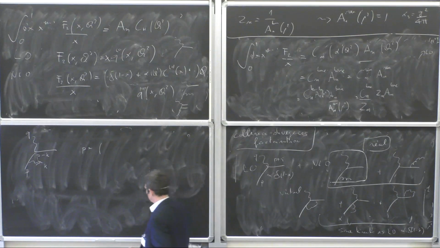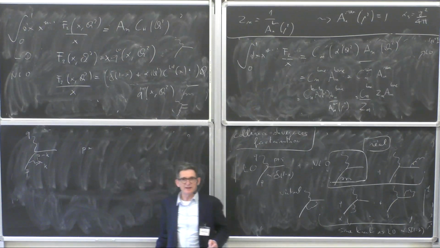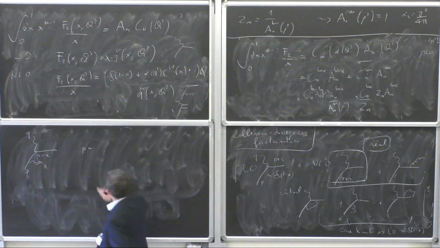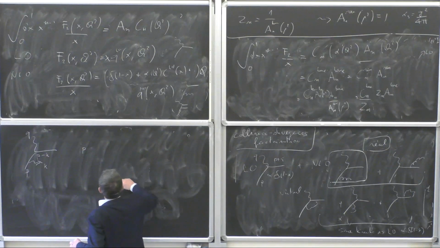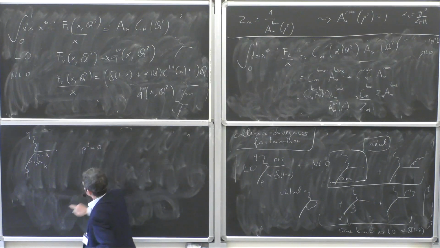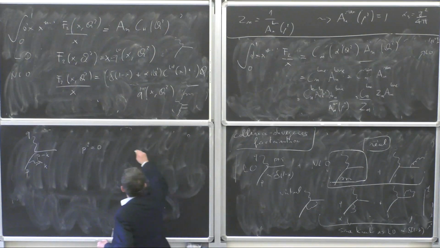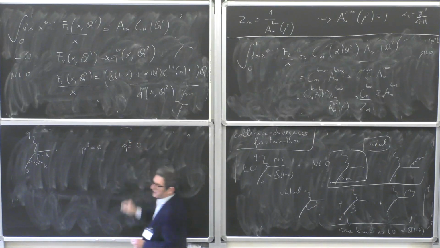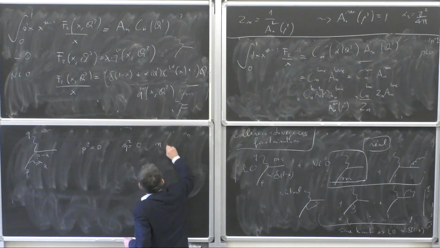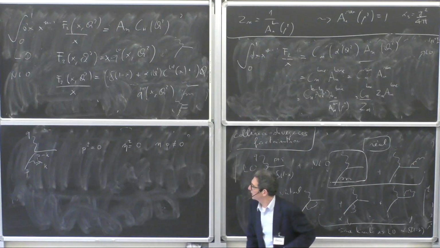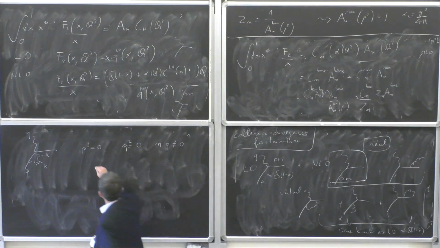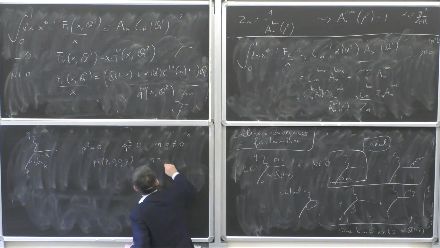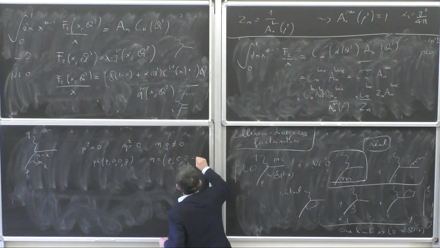Sudakov parametrization works in the following way. I write my momenta in terms of a light cone basis, which means I introduce a momentum p, so p squared is equal to 0. I introduce another momentum eta, which has the property that eta squared is also equal to 0. However, eta dot p is not equal to 0. So you can think of p as being (p, 0, 0, p), and eta as (p, 0, 0, minus p).